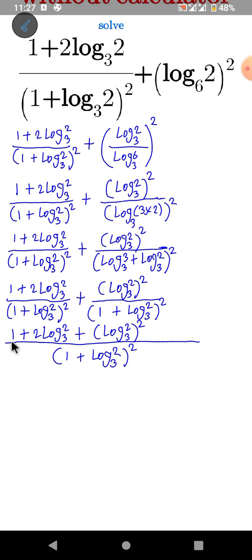Then we'll continue again. I'm going to write this. So we'll say 1 plus 2 log 2 base 3 plus open bracket log 2 base 3 all raised to the power of 2 all over.